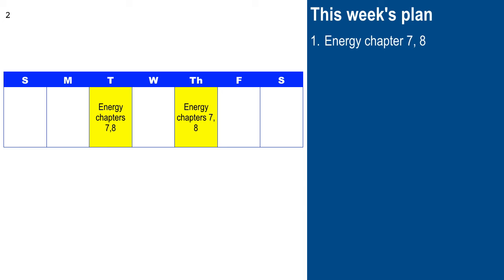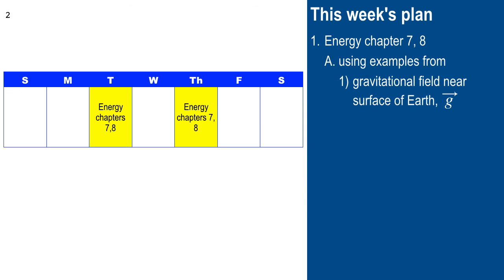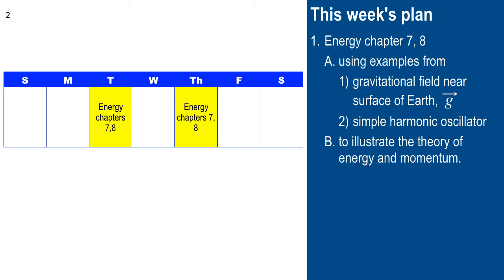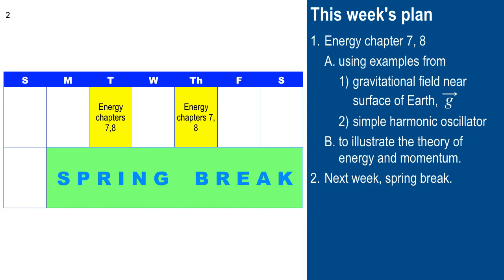So here's our layout for the week, those 2 days. We used examples from the gravitational field near the surface of the Earth and also simple harmonic oscillator potential. And we'll amplify those and do a general approach to the theory of energy and momentum, and we'll illustrate it with, and we have illustrated it with, those two physical systems. Next week, of course, is spring break, so that's nice.